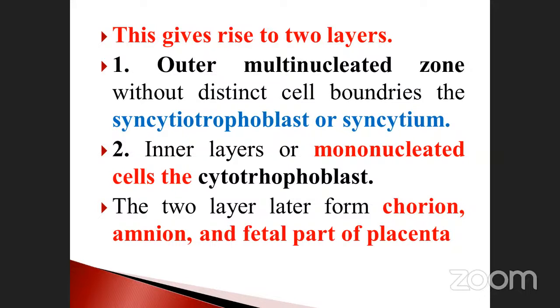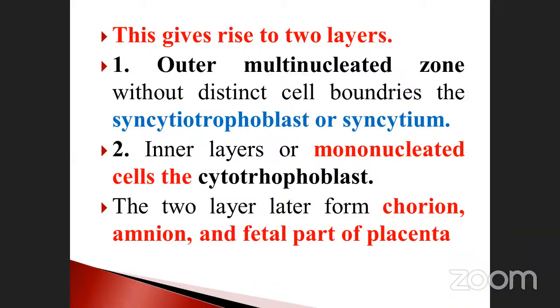More than one nucleus present in a single cell is called multinucleated, otherwise called coenocytic in fungi and algae. Likewise, in animal cells, the syncytiotrophoblast or syncytium is multinucleated, and the other one is mononucleated, called the cytotrophoblast.